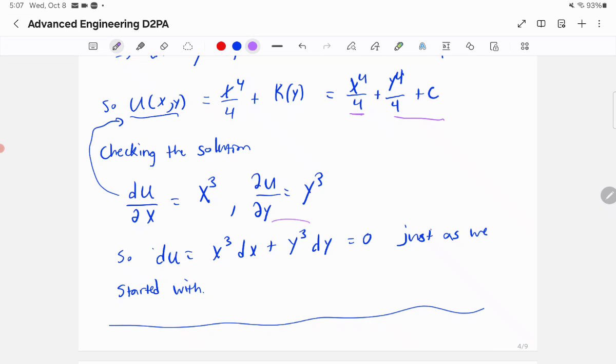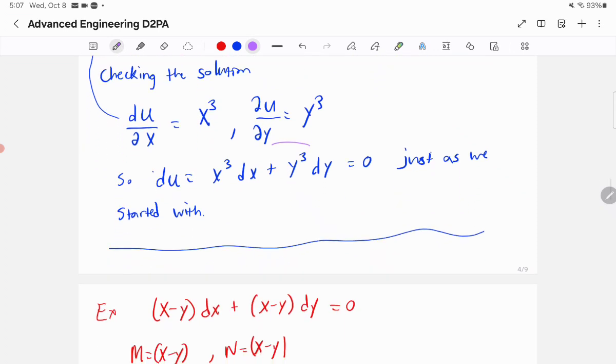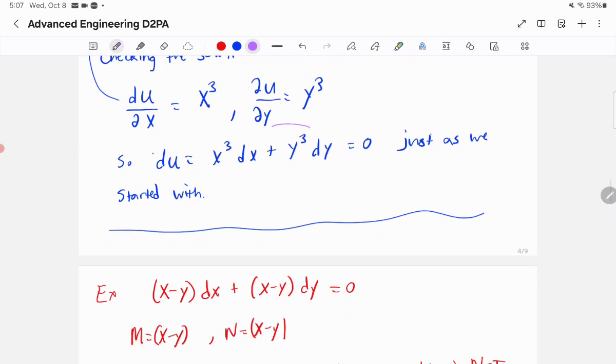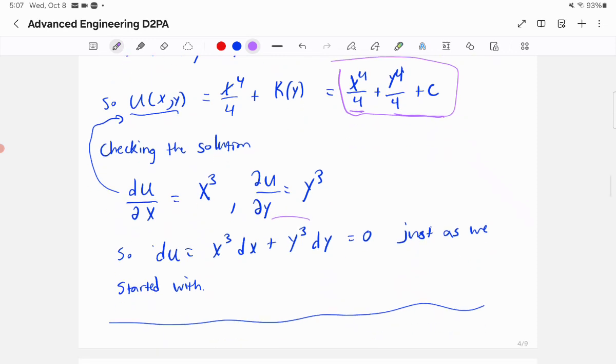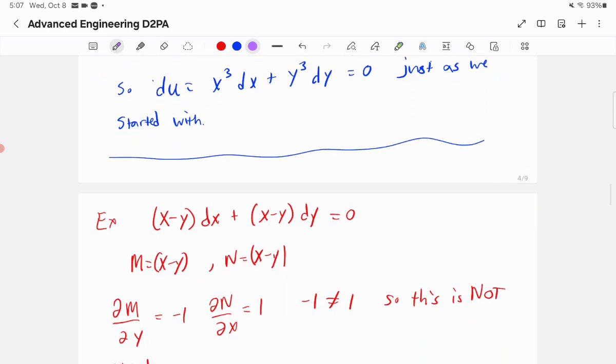Over here, I get du dy is equal to y cubed. So upon checking the solution, we have found the correct solution, right? So we know that u must be this function, x to the fourth over 4 plus y to the fourth over 4 plus c. So this is really a useful way of figuring out what the function must be.